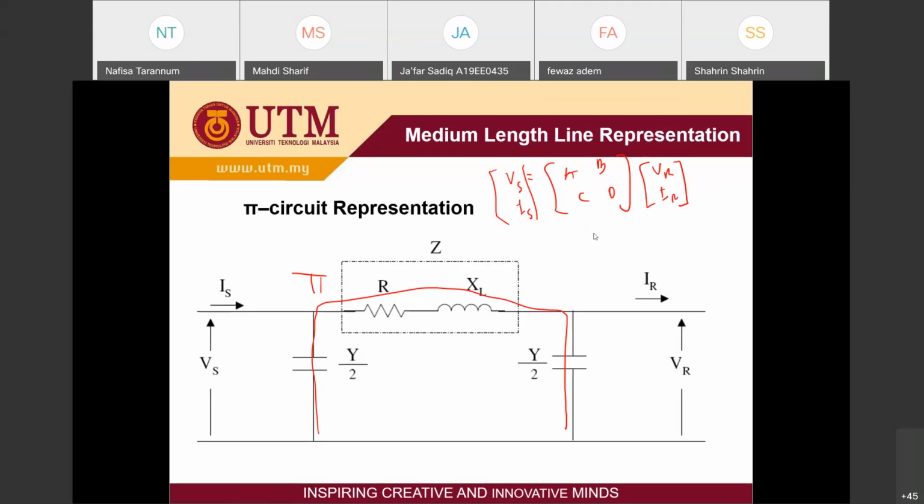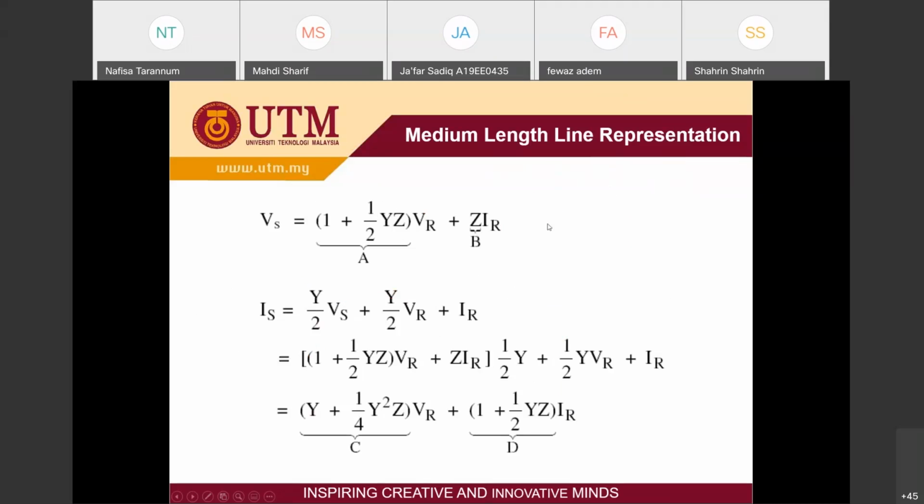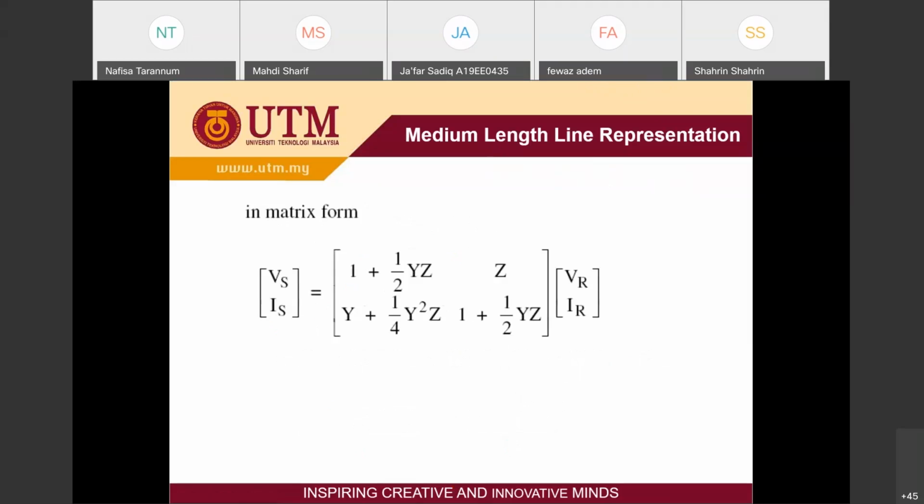So you can always refer to this circuit to obtain the parameters here. This one is for the first equation. You have parameter A and parameter B, and the second equation, which is IS, VR, and IR, you have parameter C and also D. Finally, this is the matrix form for the pi representation.